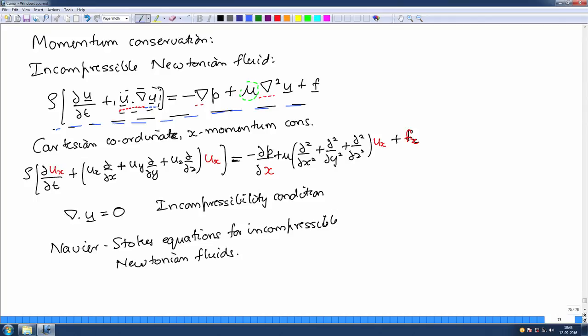The additional piece here which is not present for mass and energy conservation is the gradient of the pressure. And the other important distinction is that this term here is a nonlinear function of the velocity. For concentration and temperature equations, this was a linear function of concentration and temperature. In this case, it is a nonlinear function of the velocity.